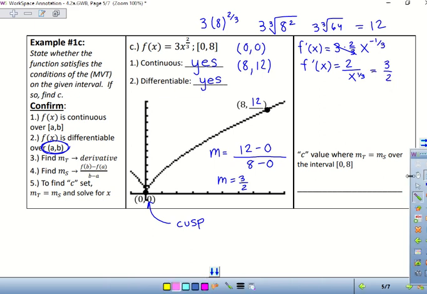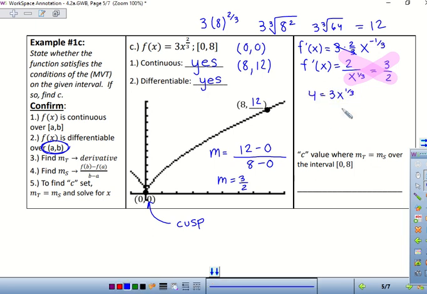So once you find the slope, you can set it equal to the derivative. And then to solve this, we can just cross multiply. So we get 4 equals 3 times x to the 1/3, divide by 3. Now, I don't know if you guys remember this or not, but in order to get rid of a fractional exponent, anybody remember what to do? Put it to the reciprocal power.